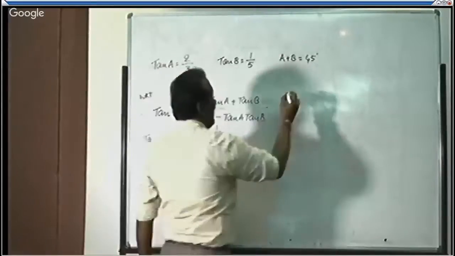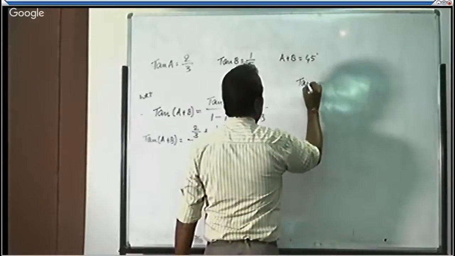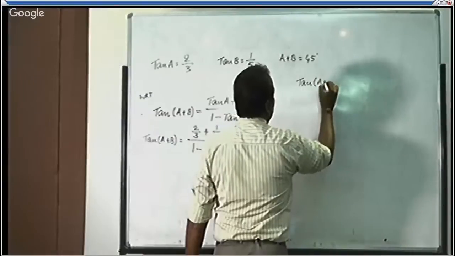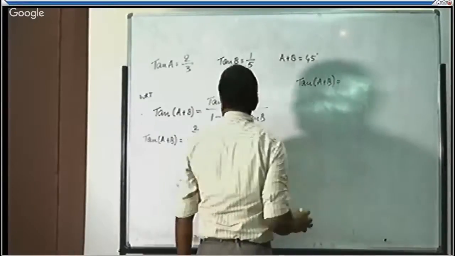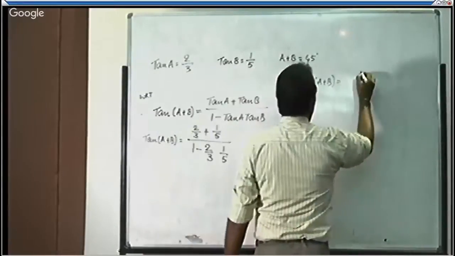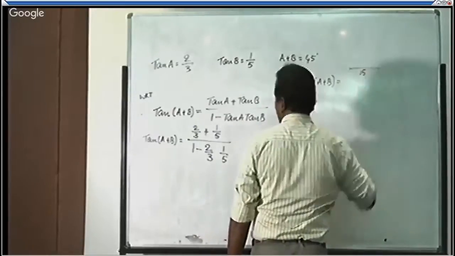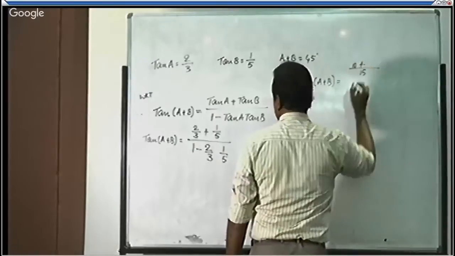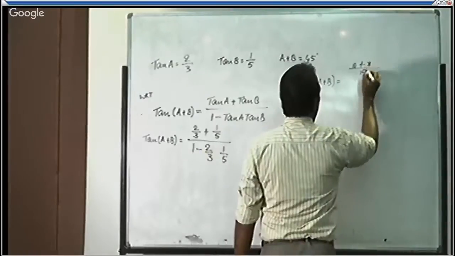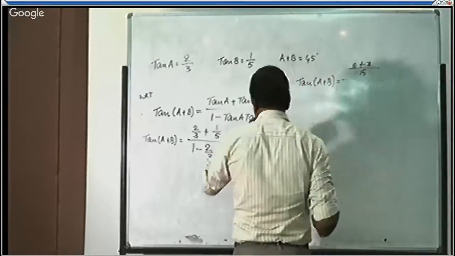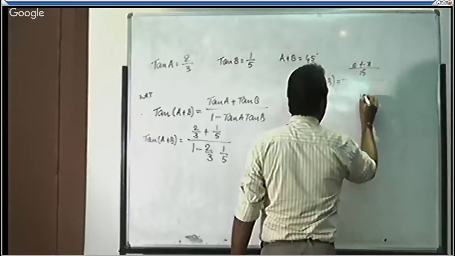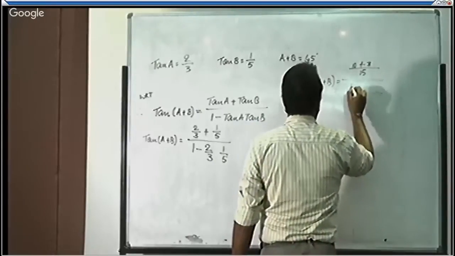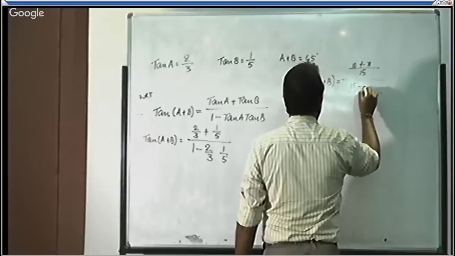Now, tan of A plus B is equal to, in the numerator, you can take 15 as the LCM. 3 5s are 15, 5 2s are 10, plus 5 3s are 15, 3 1s are 3, whole divided by, in the denominator also 15 is the LCM: 15 ones are 15 minus 2 ones are 2.